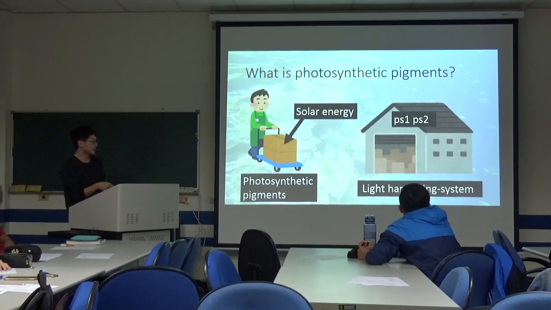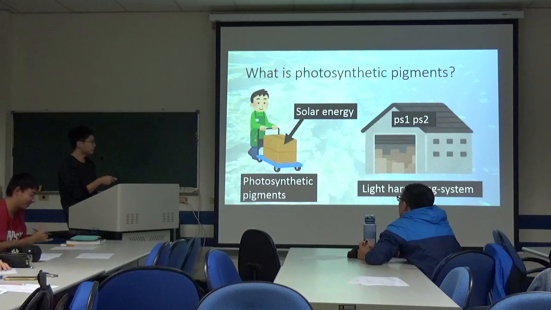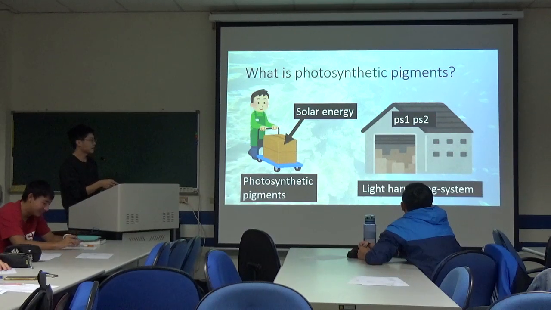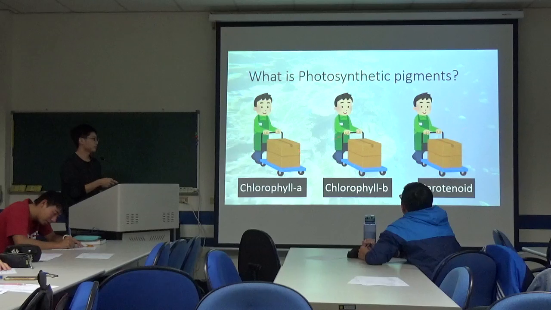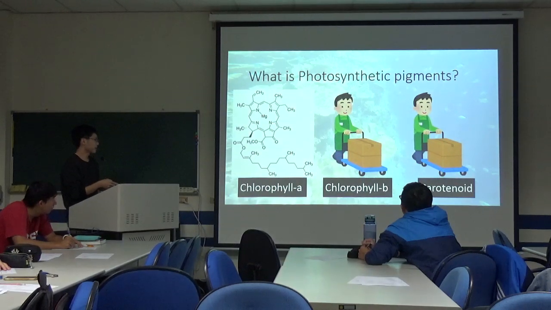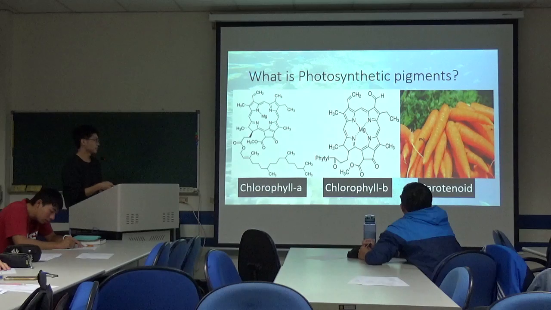The factory is the light harvesting system. So this guy's mission is to carry the box to the factory and keep the factory supplied with enough energy to run. There are many kinds of components, for example chlorophyll A, chlorophyll B, carotenoid, and so on.